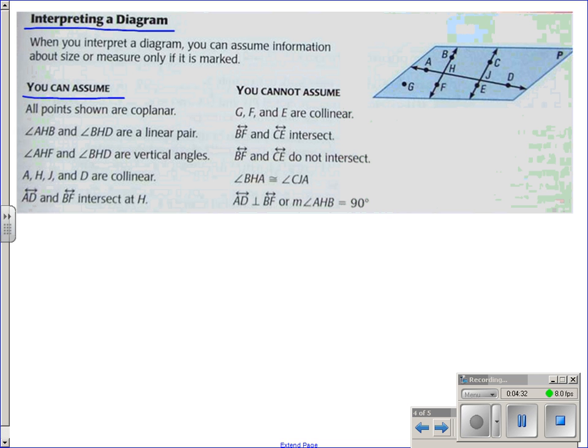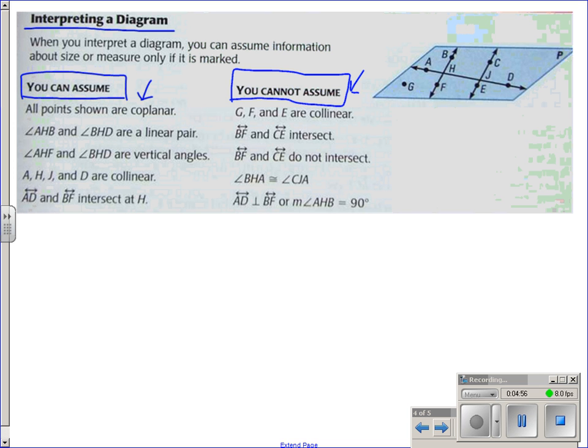So I want you to take a good look at these 2 lists. In that picture, with only the given information, look at the things that you can assume from the picture. And then take a look at the things you can't assume. Start thinking about, okay, why can't I say these? So hit pause, take a minute to look at this.